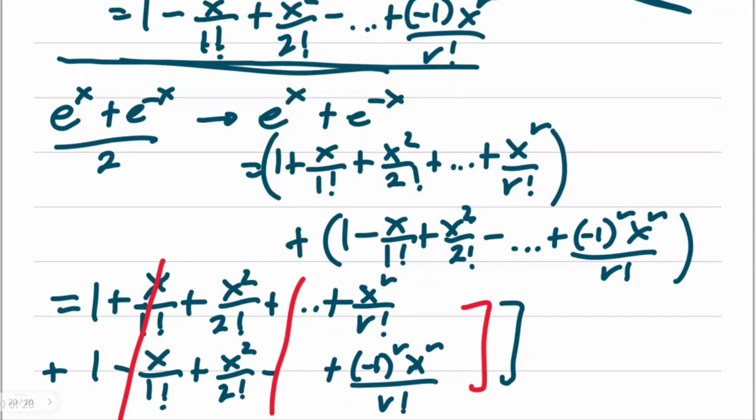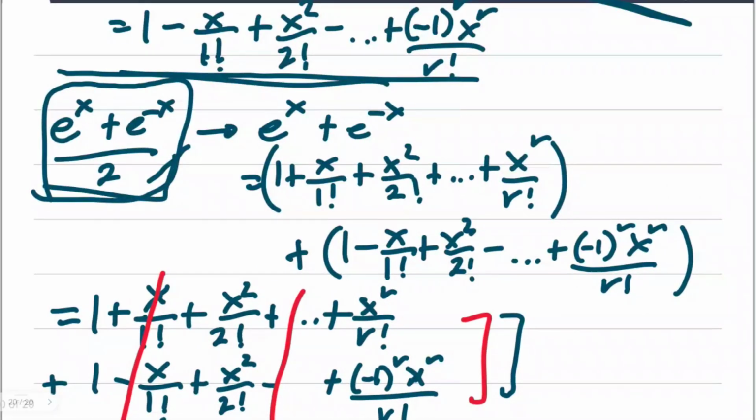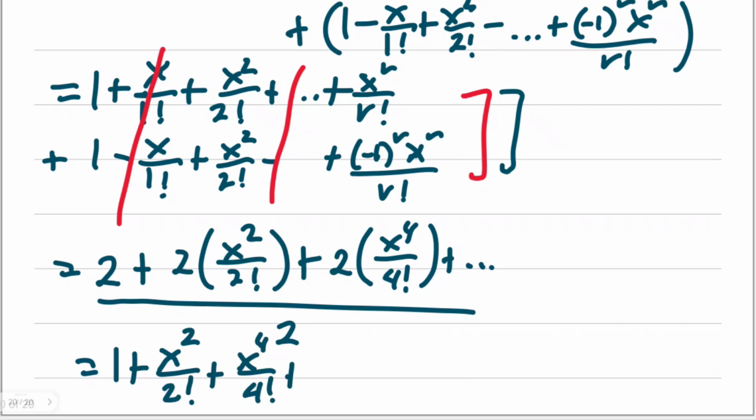Now this is to be divided into 2, because that's actually our entire expression, so we also simply divide. We would know the following results now. We have 1 plus 1 times x squared over 2 factorial plus 1 times x to the power of 4 over 4 factorial plus so on and so forth.